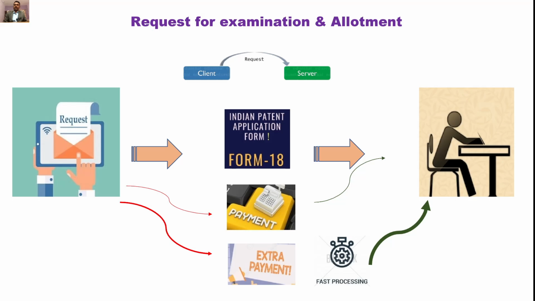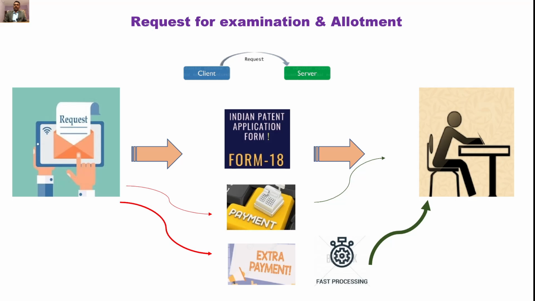However, if you are in a hurry and want express processing, then you may have to pay some extra fees, and your application will be expedited. Your examination process will be handled with top priority and will be examined faster compared to others if you have paid extra fees or requested an expedited examination.